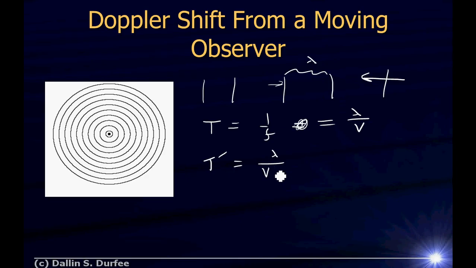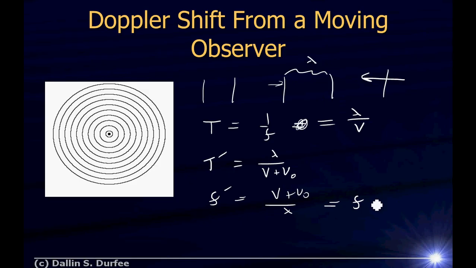So they're not just moving at the speed of sound, they're moving at the speed of the observer as well. And so f prime is just 1 over this. It's going to be v plus v naught over lambda. But v over lambda is just the un-Doppler-shifted frequency.